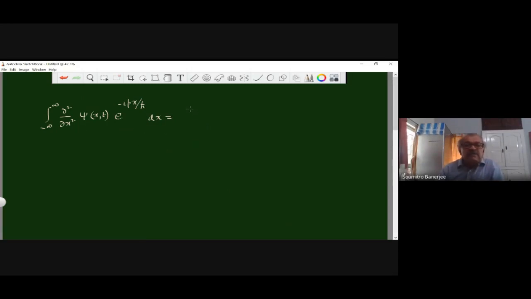So it will be first e to the power minus i p x by h cross times del psi del x, evaluated from minus infinity to infinity, plus i p by h cross times the integral from minus infinity to infinity of del psi del x e to the power minus i p x by h cross dx.